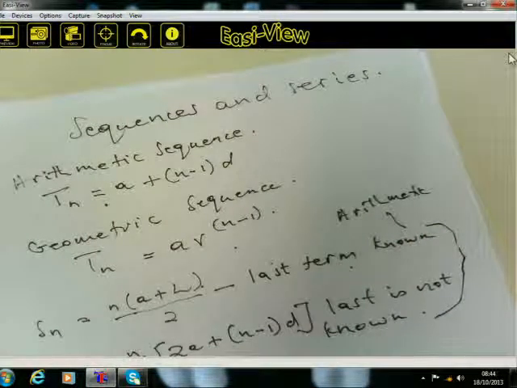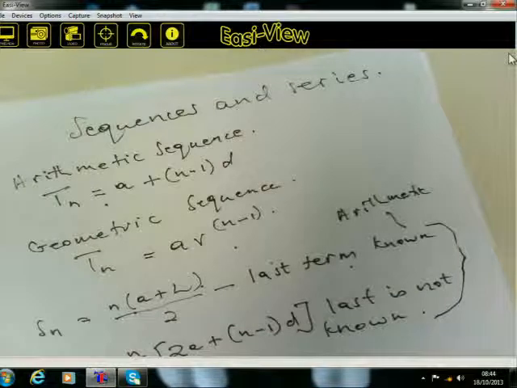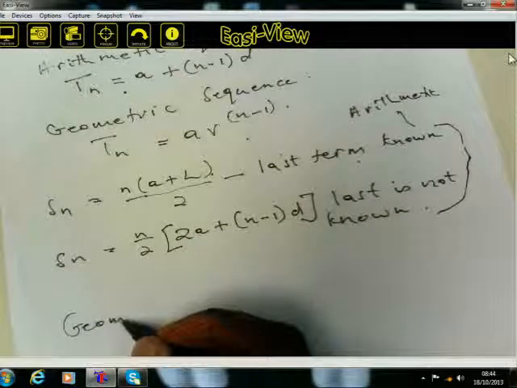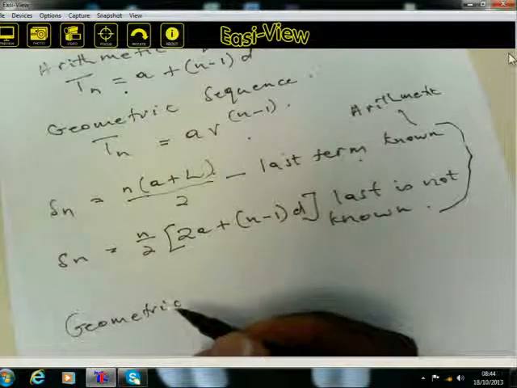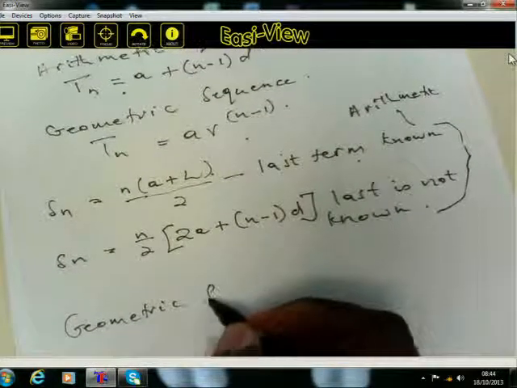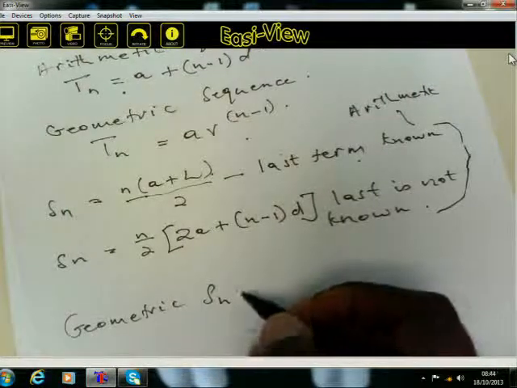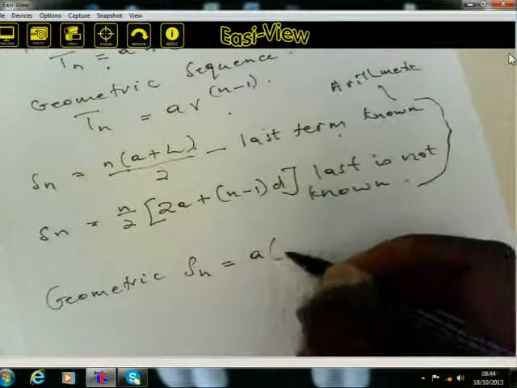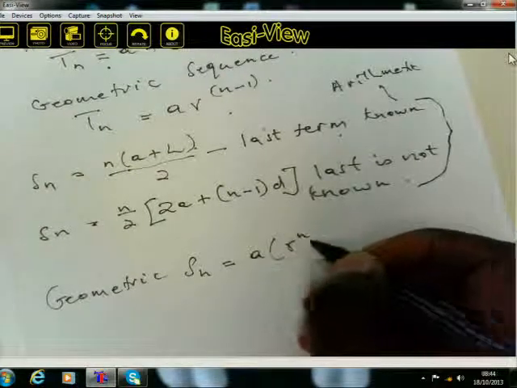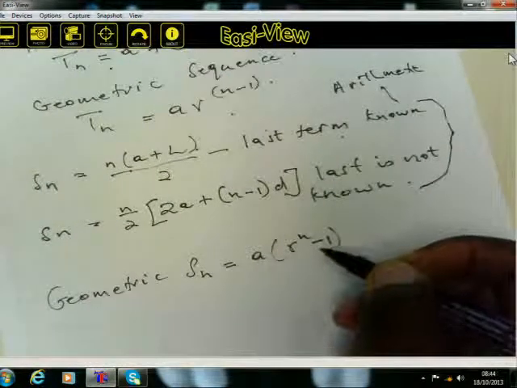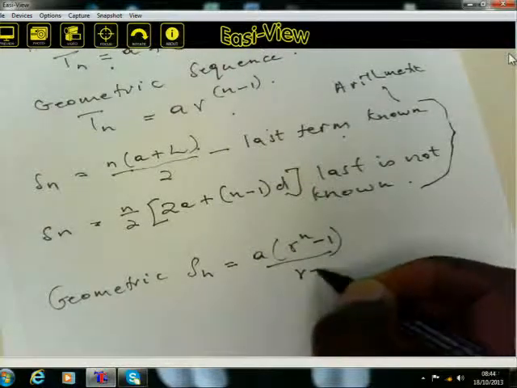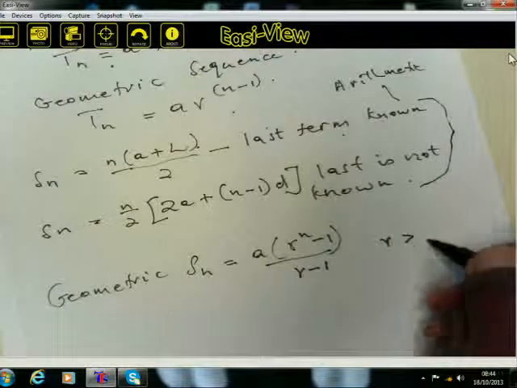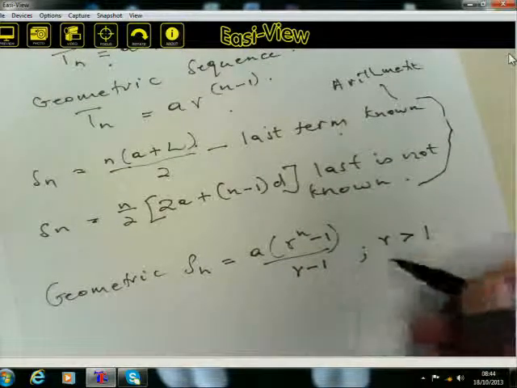Right? Now, the series, if it is geometric, what are we going to have? We are going to have Sn, which is equals to A into r to the power of n minus 1 all over r minus 1 when r is greater than 1. Very important.